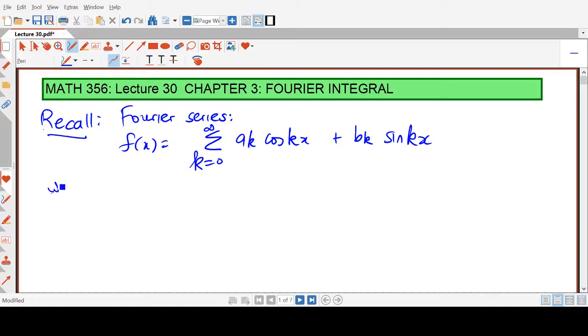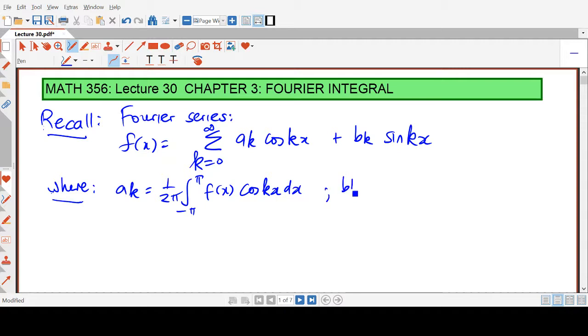And these coefficients were realizable in the form a_k is equal to 1 over 2 pi integral minus pi to plus pi f of x cos kx dx, and b_k likewise 1 over 2 pi integral minus pi to plus pi f of x sin kx.